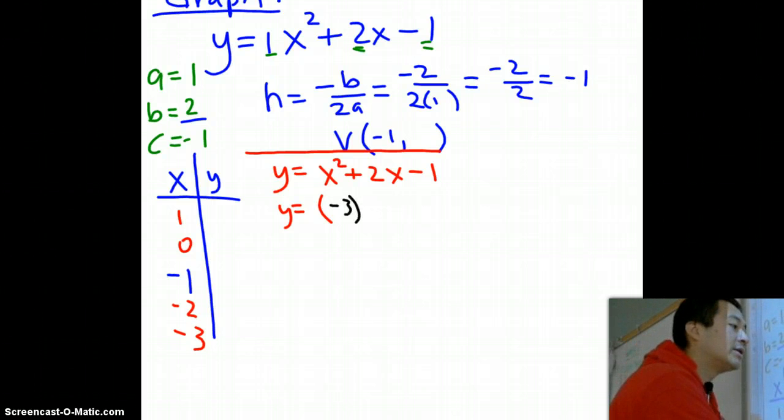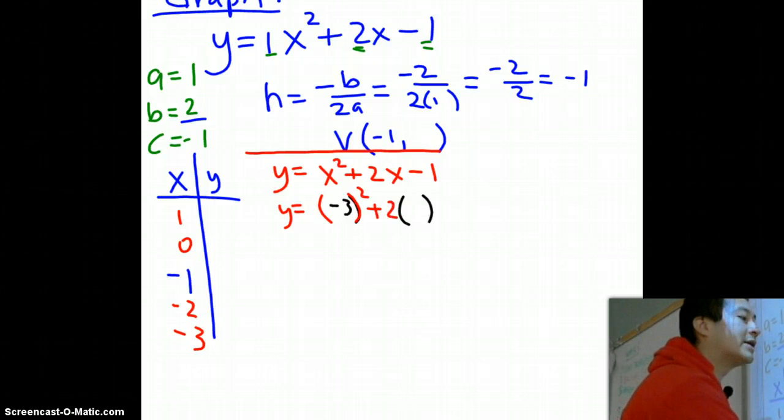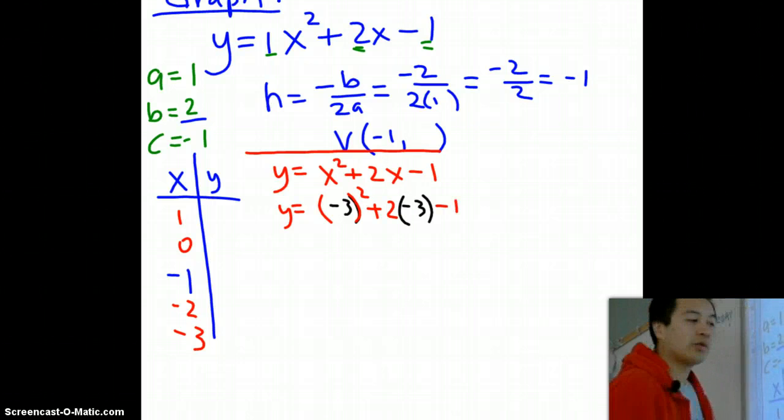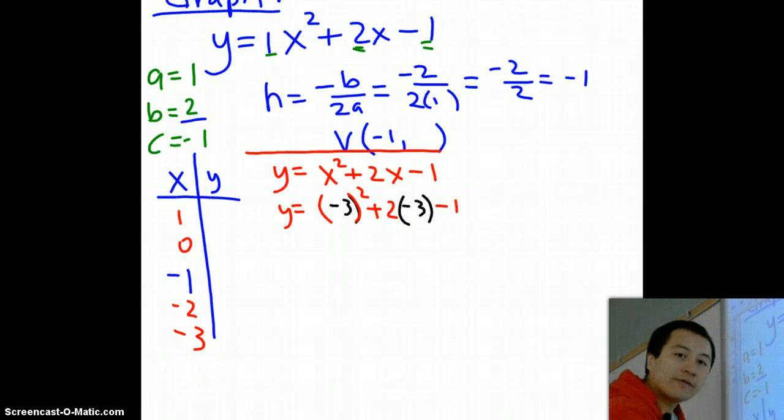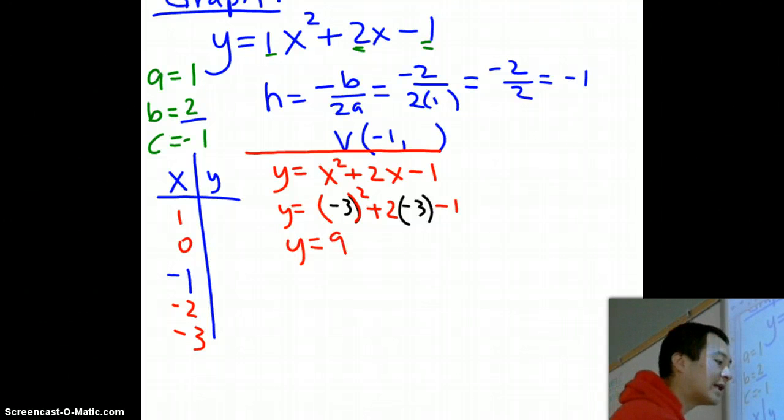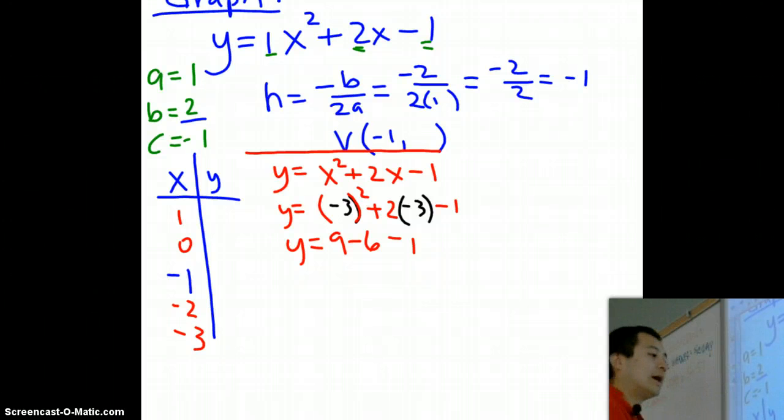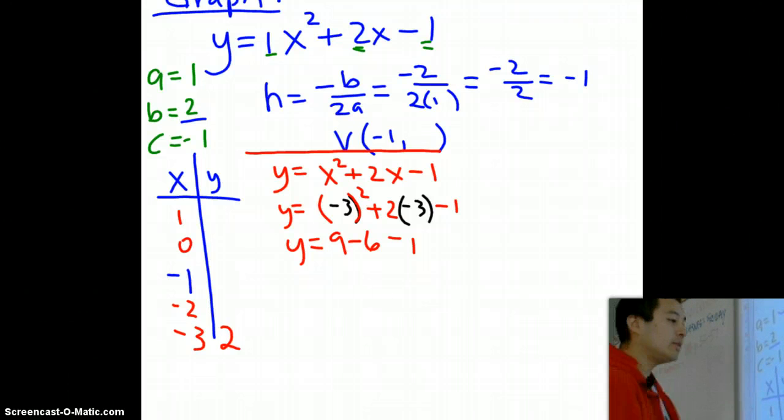Negative 3 squared plus 2 times negative 3 minus 1. Squared first. Remember, negative 3 times negative 3 is a positive 9. 2 times negative 3 is minus 6, minus 1. 9 minus 6 is 3, minus 1 is 2. When I plug that in, I got y equals 2.